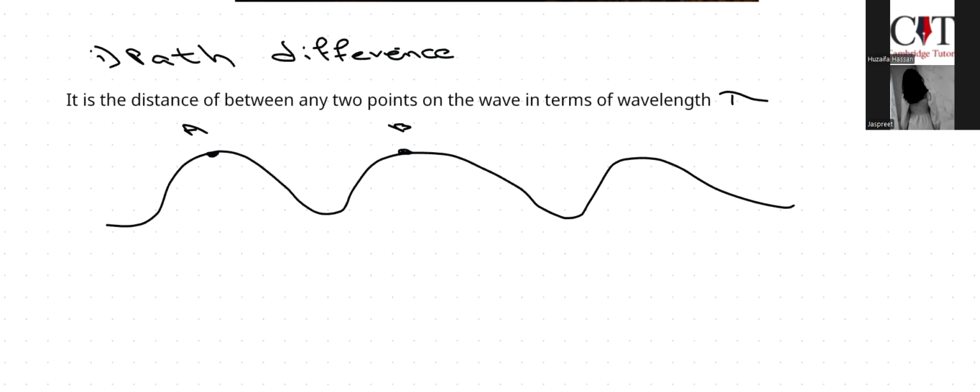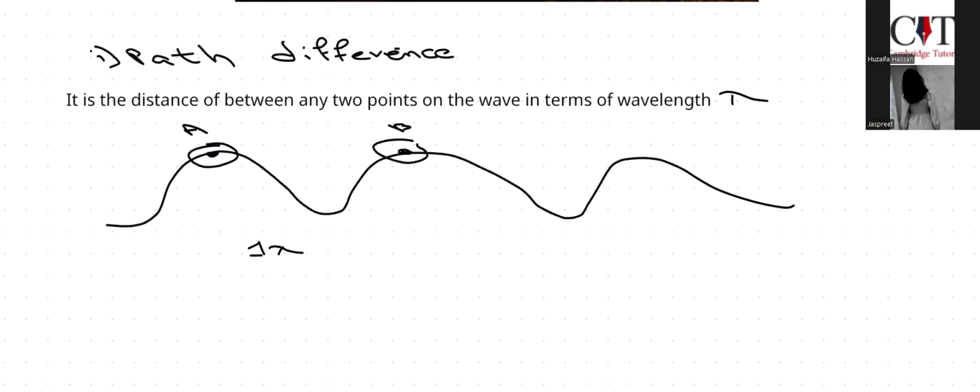What is the distance between point A and B? A and B both are crests. They are two consecutive crests. Don't you know that the distance between two consecutive crests is one wave, lambda?